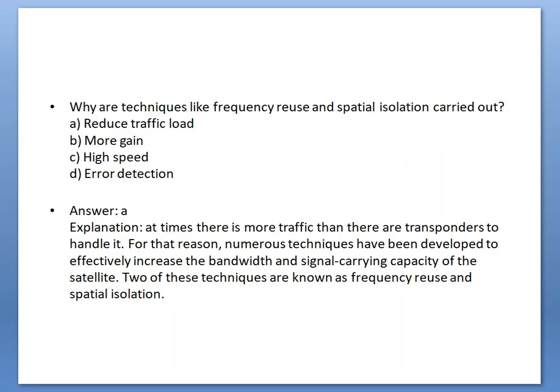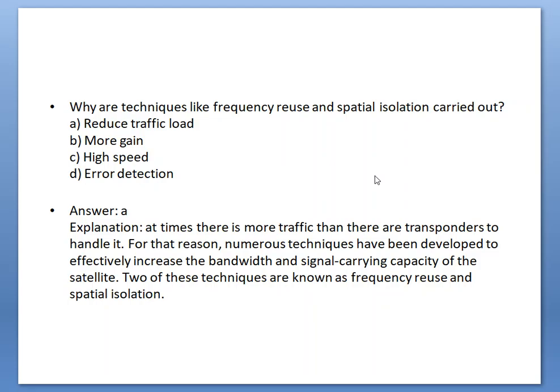And coming to the next bit: why are techniques like frequency reuse and spatial isolation carried out? Option A, reduce the traffic load. Option B, more gain. Option C, high speed. Option D, error detection. The answer is A. Why is it A?